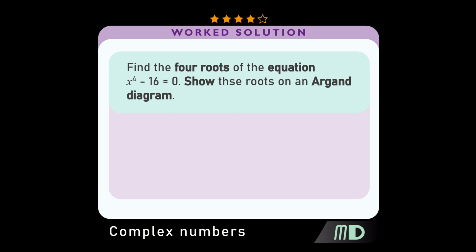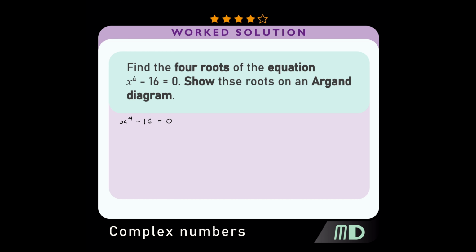We've been given the equation x raised to the power of 4 minus 16 equal to 0. The expression on the left side of the equation is a quartic that can be factorized into a pair of quadratic expressions multiplied together.